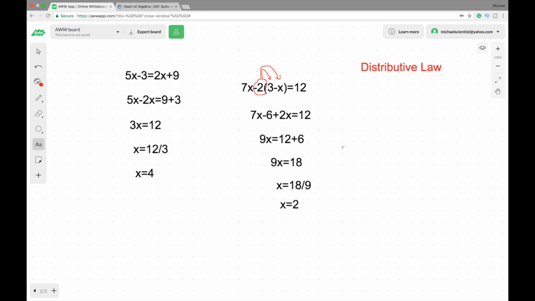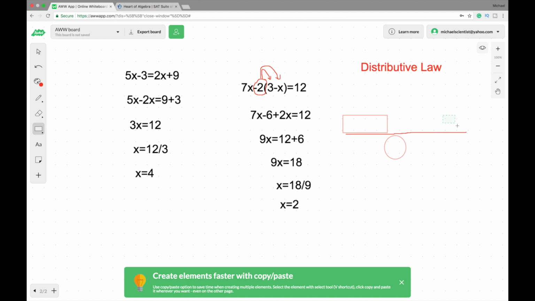Okay, so I think we've got the gist of it. One way that I wanted to show you is to think of an equation like a seesaw, right? I'm going to try and draw a straight line as straight as I can. This is going to be a strange seesaw, but let's say we have a seesaw, something like that, and then we have a weight here and a weight here.